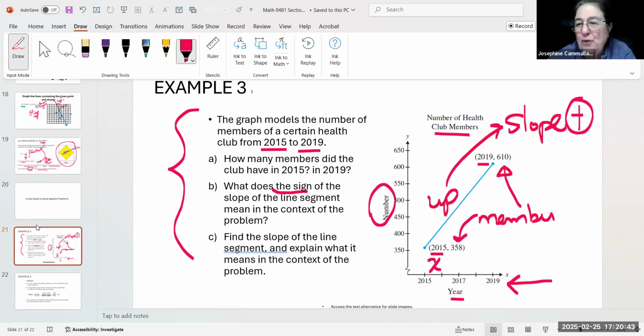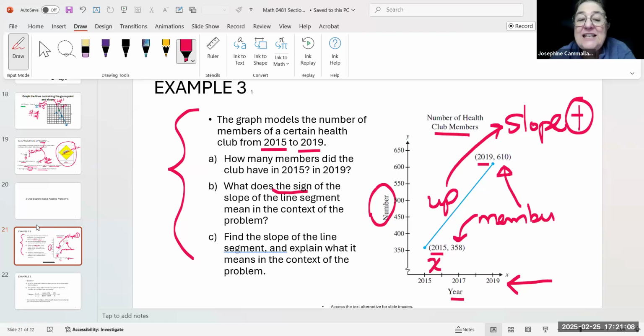That's what they're asking you for. What does the sign of the slope of the line segment mean? It means it's going up. It's increasing. Now notice all the words that mean positive: going up, increasing, going up.